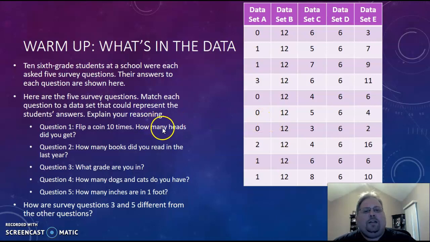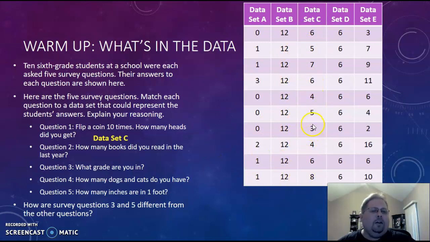So if you flip a coin 10 times, how many heads do you get? Your probability of getting a head is about 50%. So for each student, it should be right around 5. That's why our data set C would represent this the best.